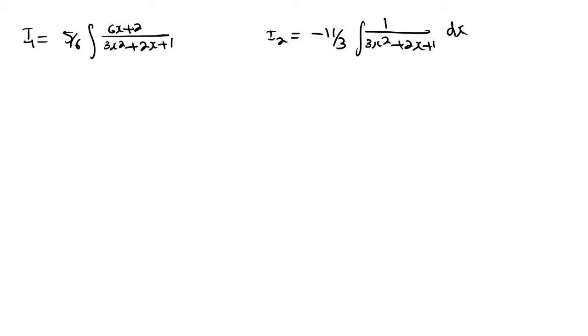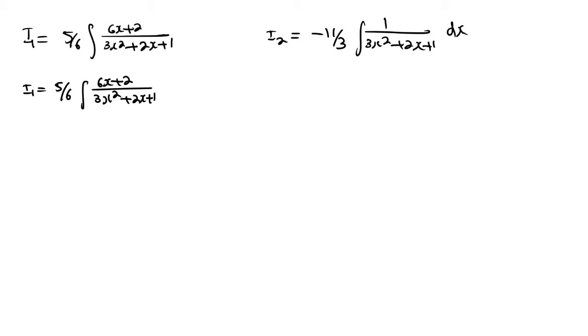I1 value is equal to 5 by 6 into integration of 6x plus 2 divided by square root of 3x square plus 2x plus 1. Calculate the I1 value. Consider I1 is equal to 5 by 6 into integration of 6x plus 2 divided by 3x square plus 2x plus 1.